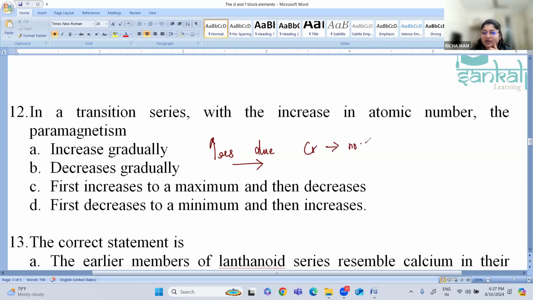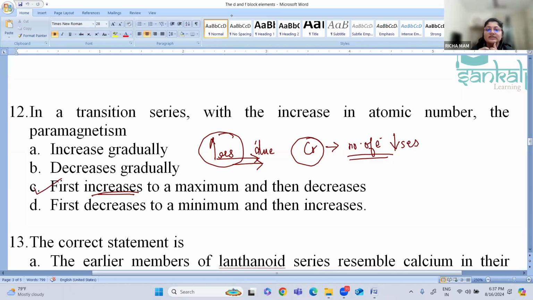The number of unpaired electrons will decrease. So first, across the series, the unpaired electrons increase, and because of that the paramagnetism also increases. After chromium, the number of unpaired electrons decreases, and paramagnetism also decreases. So option C is the correct answer.